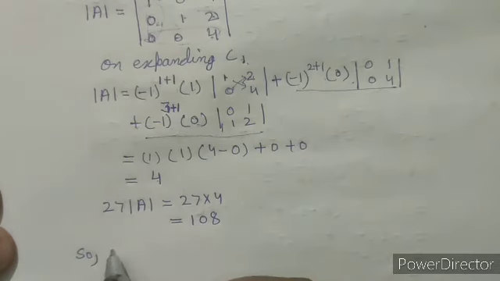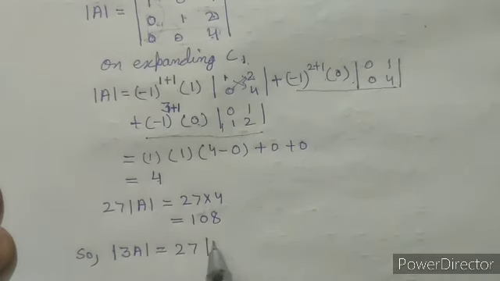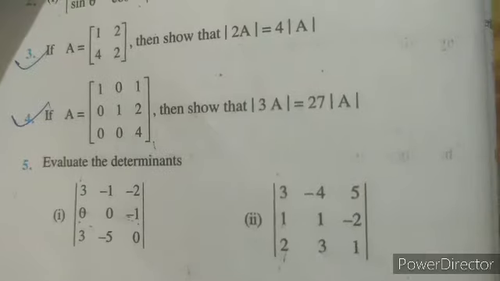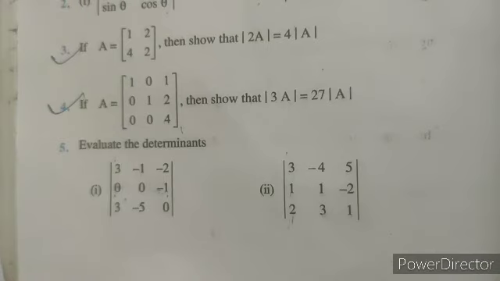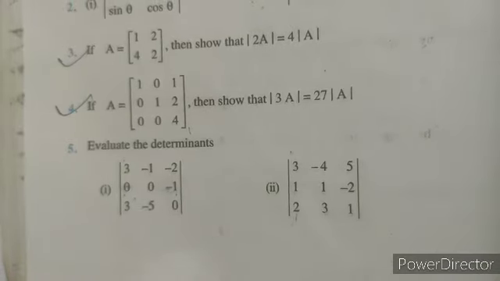So we can say that determinant 3A is equal to 27 into determinant A, which we had to prove. Question number 5 is the same as question number 4, and we have also done the 4th part of question number 5 in the examples.